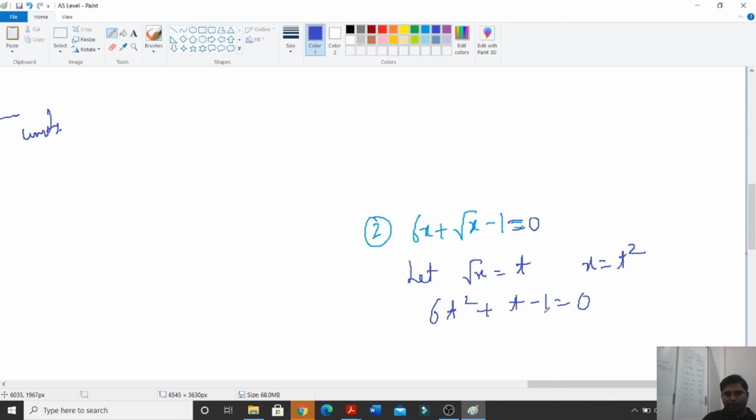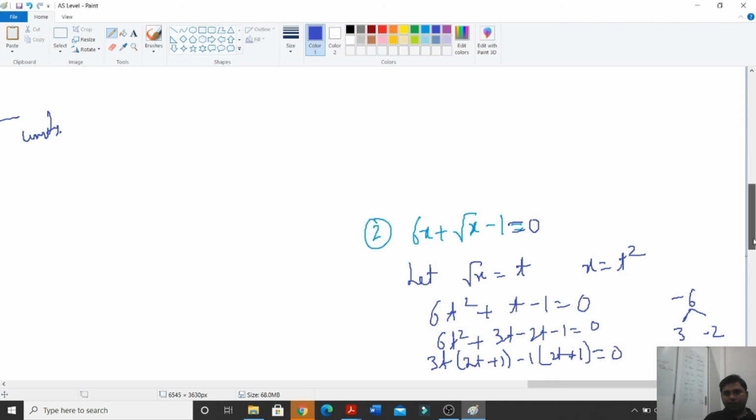So 6 into minus 1 is minus 6. We'll factorize minus 6 as 3 and minus 2. So we'll get 6t square plus 3t minus 2t minus 1 equals 0. 3t common, which will give you 2t plus 1, minus 1 common, 2t plus 1 equals 0.